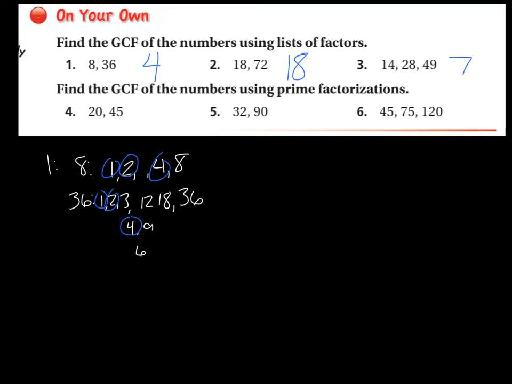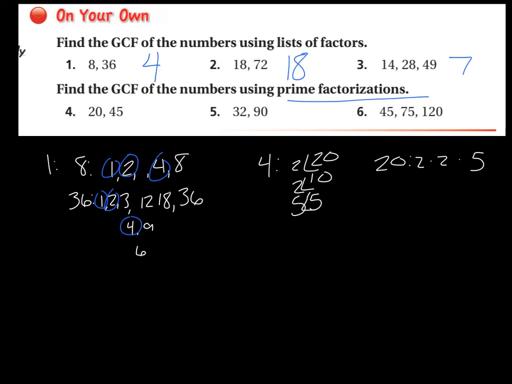Now number 4, make sure you pause this for a second if you did not do 4, 5, and 6 this way. But number 4, remember, it says we're supposed to find the greatest common factor using the prime factorization, so you should have them listed out. So for example, on number 4, we should have broken down 20 using the ladder method. So I'm going to go ahead and break it down really quick here. Okay, so I have my ladder method on 20: it's 2 times 2 times 5.